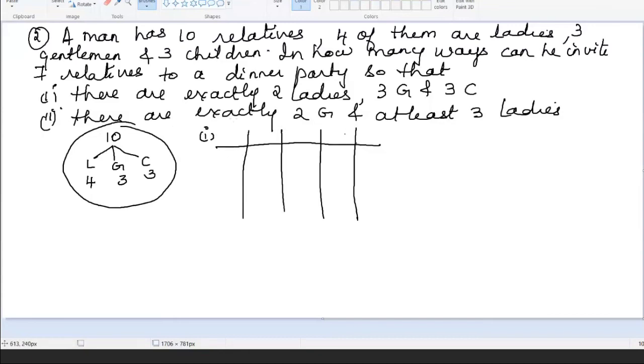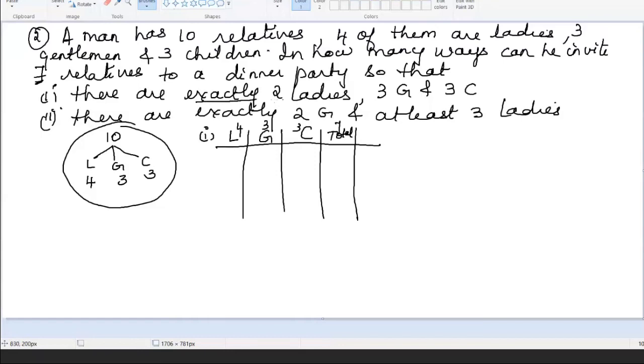Okay, here easily also you can do that. So here it is ladies, and you write gentlemen, and you write here children. This is total. How many ways? 7 relatives only you have to invite for a dinner party. So now for the first question, exactly means equal to.